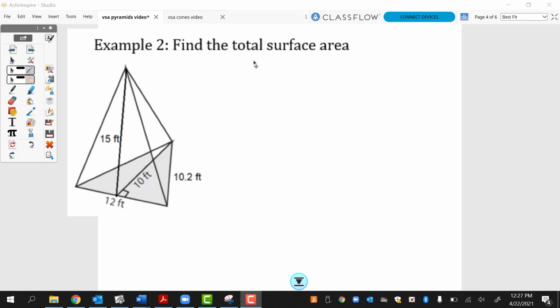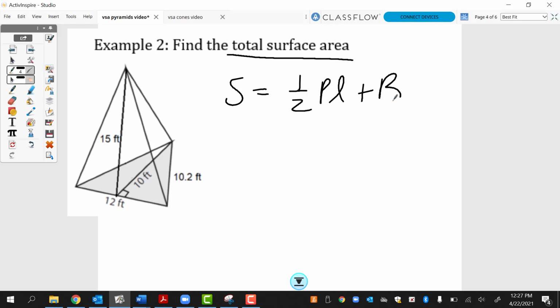Okay, so this one, we're going to do total surface area. We write our formula, 1/2 PL plus B. I need to figure out which side is the base. I see the one on the bottom down here. Handily, it's already shaded in for you. So I need to do the perimeter of the base for P. I'm adding my sides together. 12 plus 10.2.